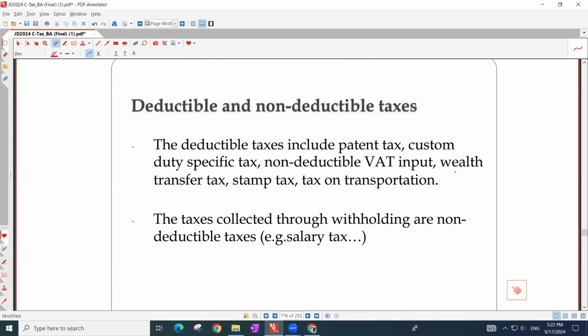Okay, then we'll learn about deductible tax and non-deductible tax. Taxes that can be deducted from tax on income include patent tax, which we pay on an annual basis, customs duty, and specific tax, and also non-creditable VAT input.